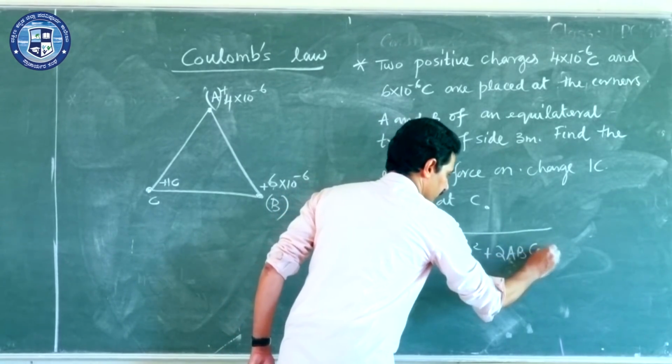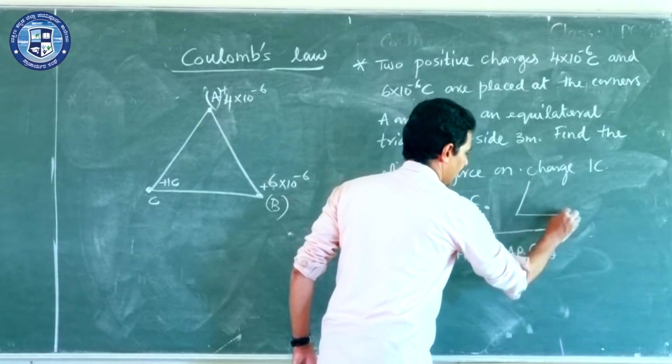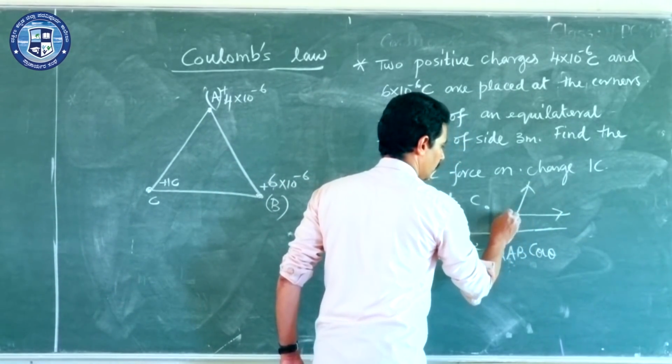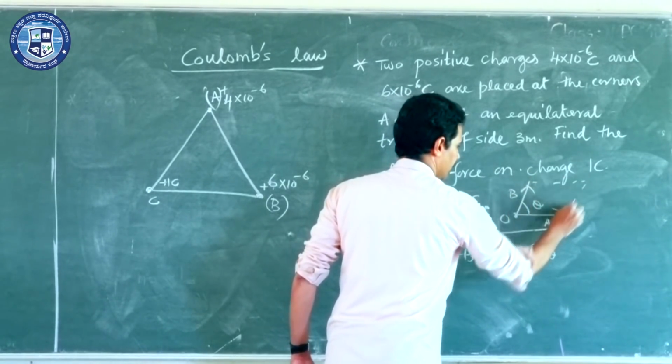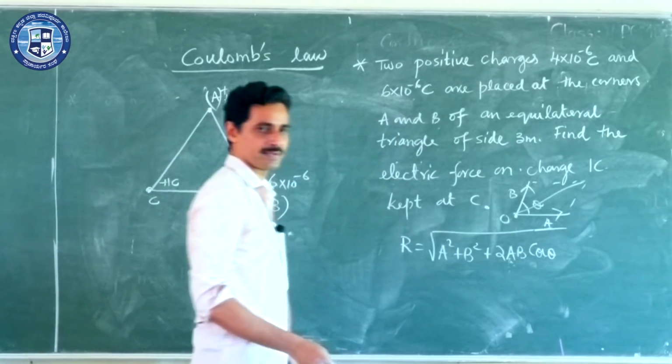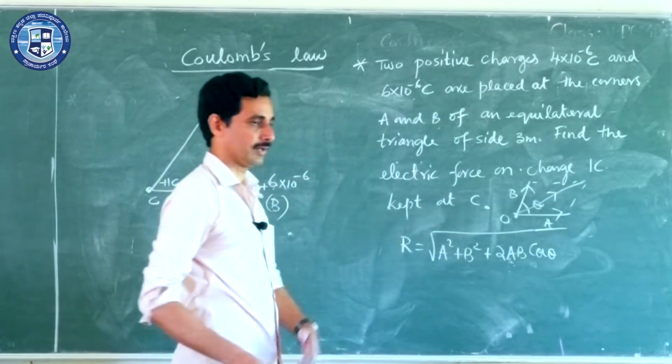If 2 vectors A and B are inclined at an angle theta and act at the same point O, R is given by this formula.